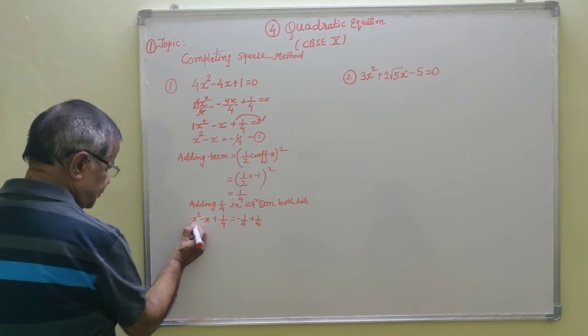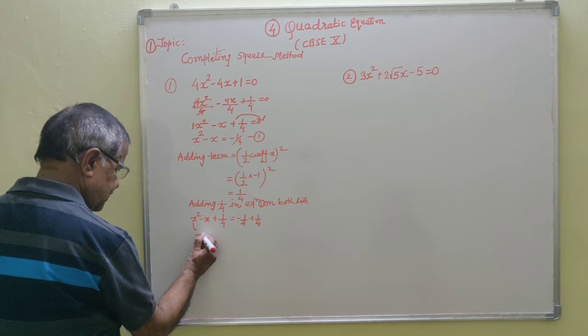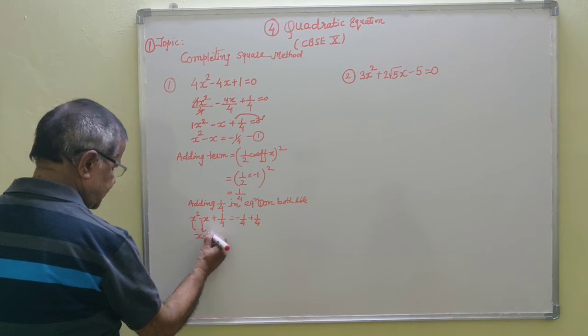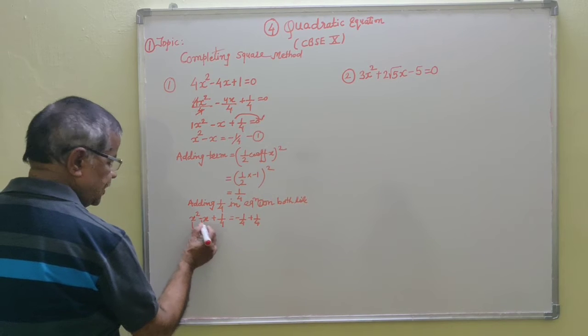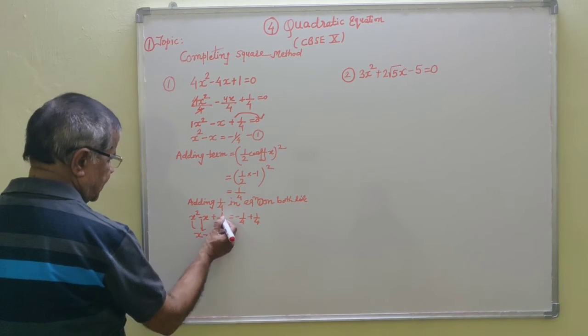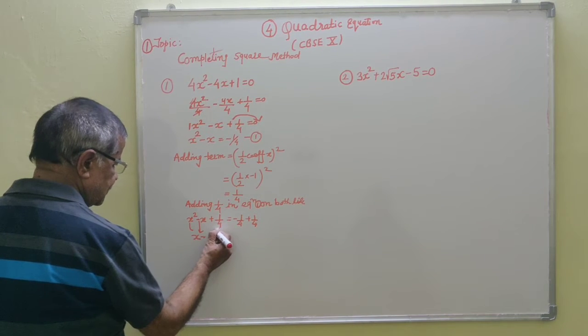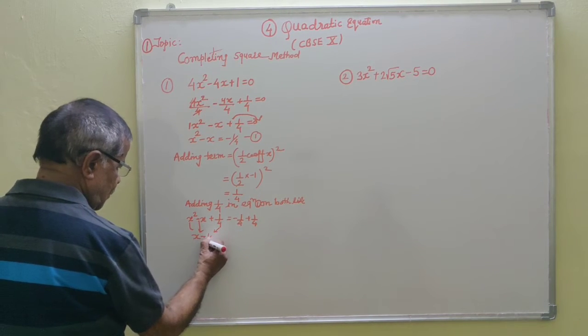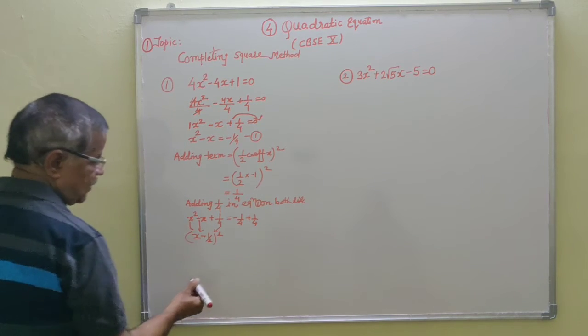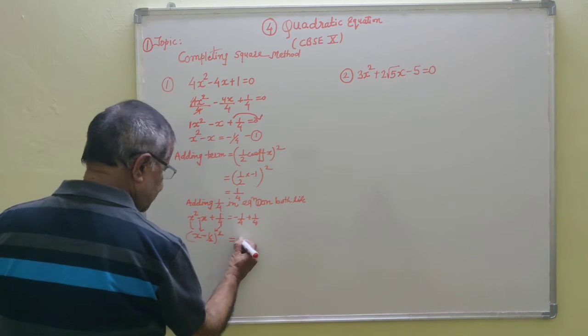Write down the square root of this number as x. Take the sign of this number, means if it is negative then write negative, if this term is positive then write positive. Then again take the square root of this number, which is 1 by 2. This can be written as x minus 1 by 2 the whole square is equal to 0.